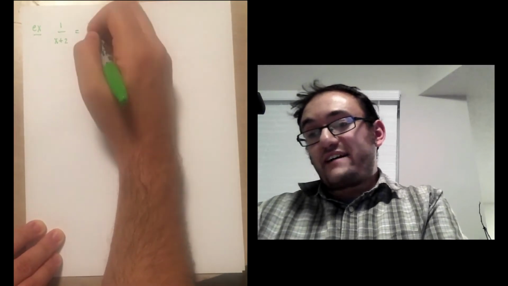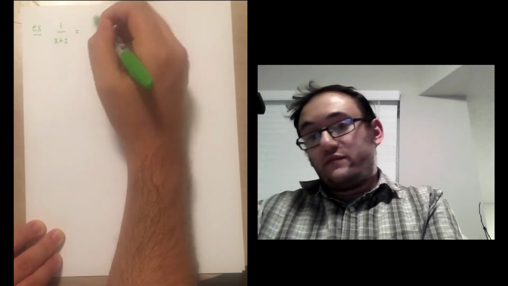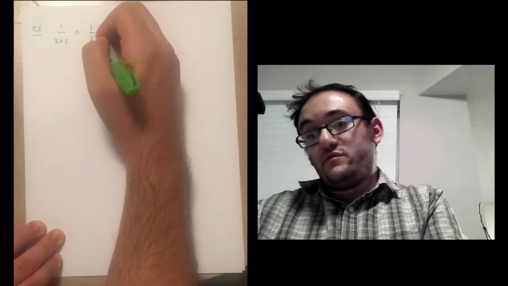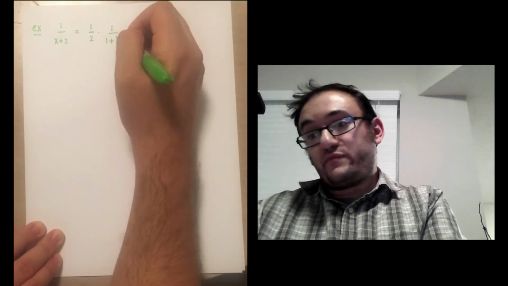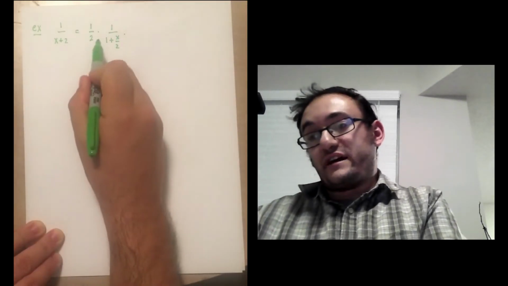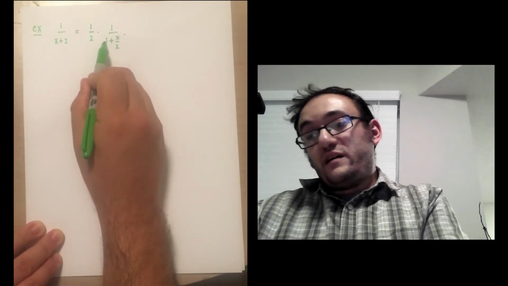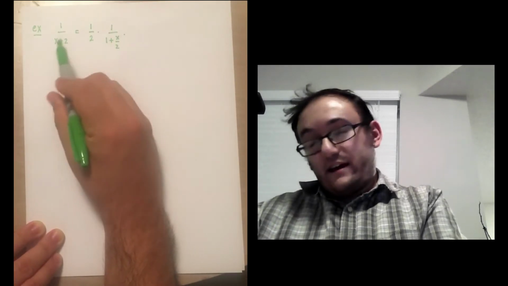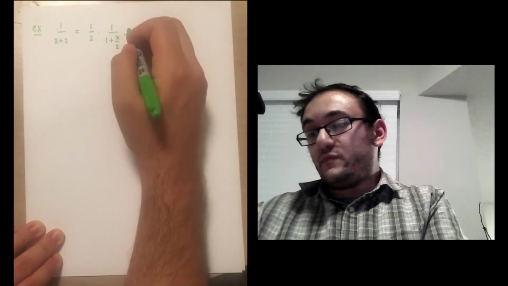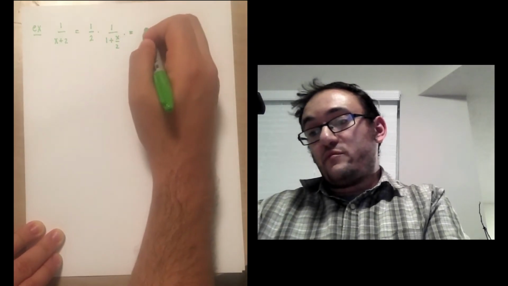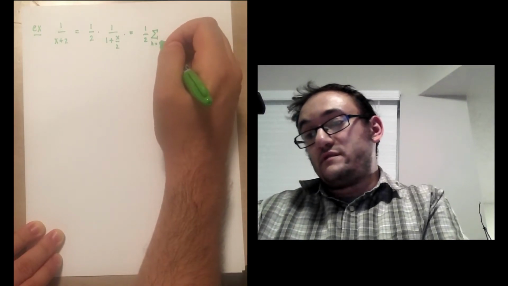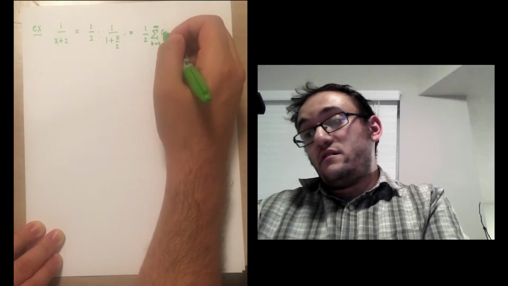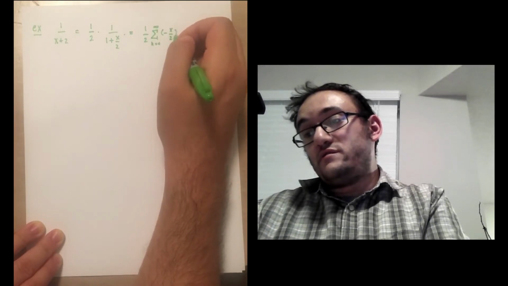Well, what we can do here is we can factor out 2 from the denominator. So we'll take 1 over 2 times 1 over 1 plus x over 2. Okay? It's just factoring out 2 from that denominator. 2 becomes 1, and x becomes x over 2. Okay? And this is of the familiar form of 1/2 times the sum, n equals 0 to infinity, of minus x over 2 to the n.